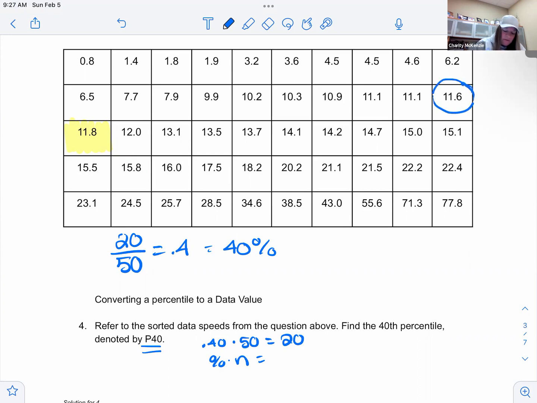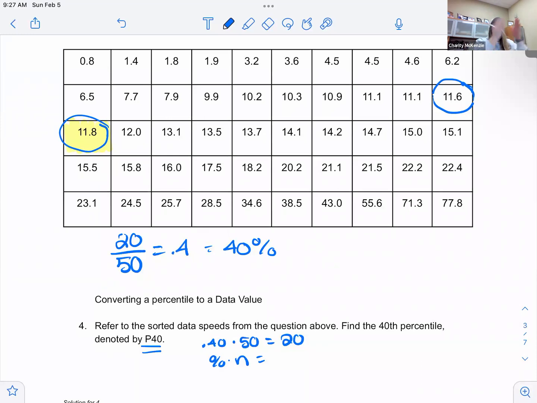And what they want you to do is average the 20th and the 21st. Average those two. So you found the place, the 20th place, the 11.6, but you have to average those two because it's not an even 100, which really confuses people, but just average.